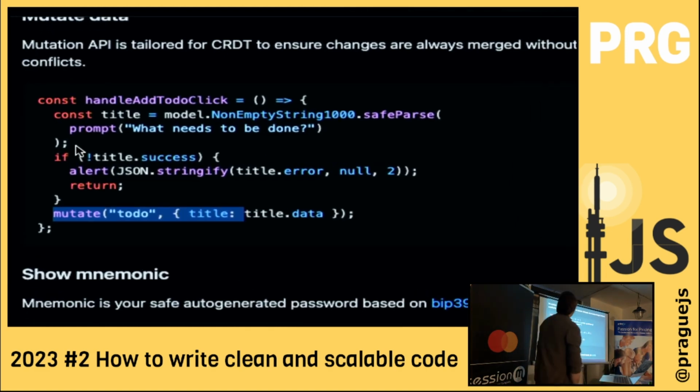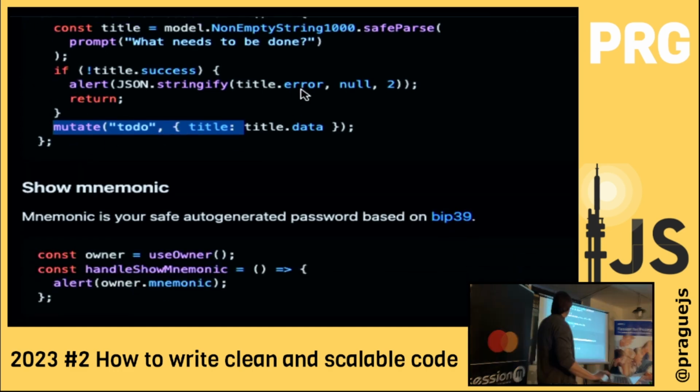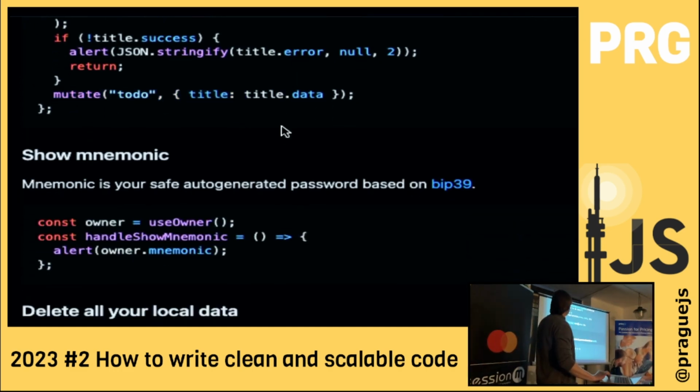So in order to work that way, for mutation, I don't have the rich SQL here. I only change, this is adding a new to-do, or I can add or change a field or a different field.